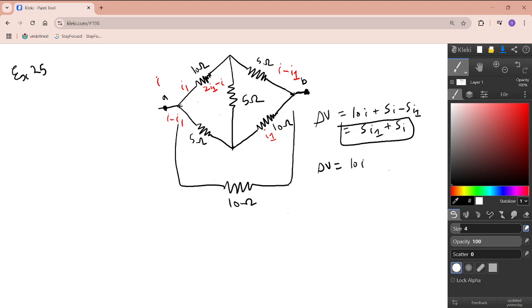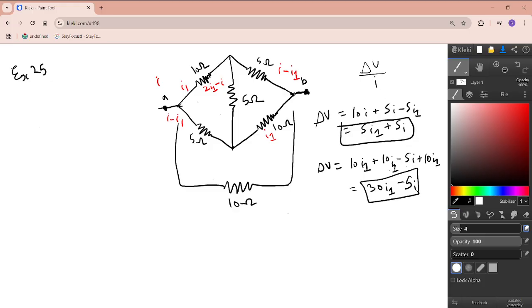So it becomes 10I1 plus 10I1 again minus 5I, and finally it reduces to 30I1 minus 5I.